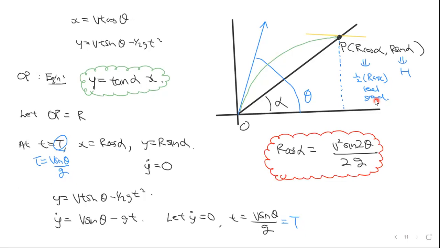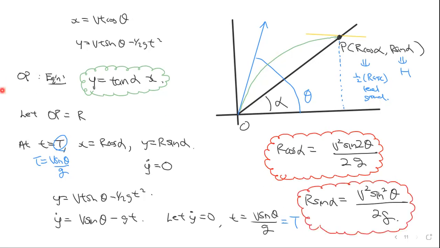And we also have r sine alpha is equal to max height, which of course is v squared sine squared theta over 2g. So a few different relationships there. We're aiming for tan of theta equals 2 tan alpha.